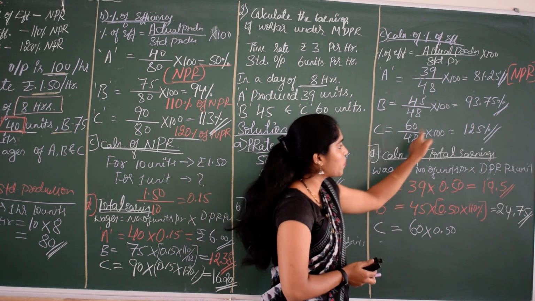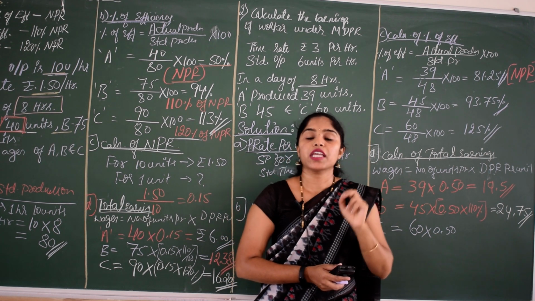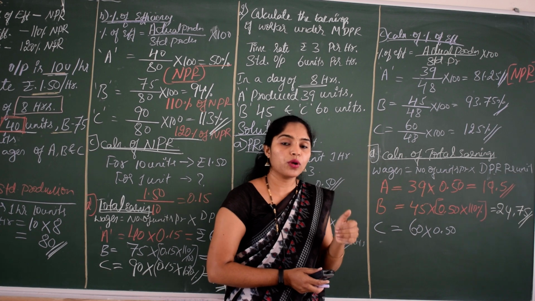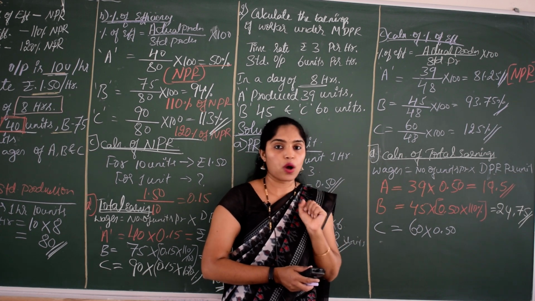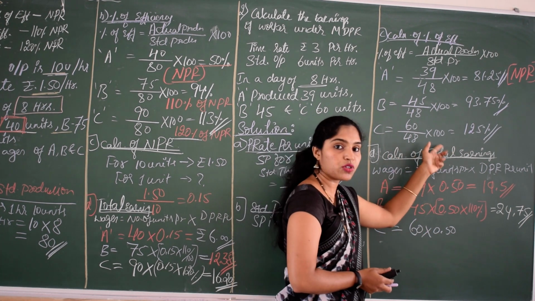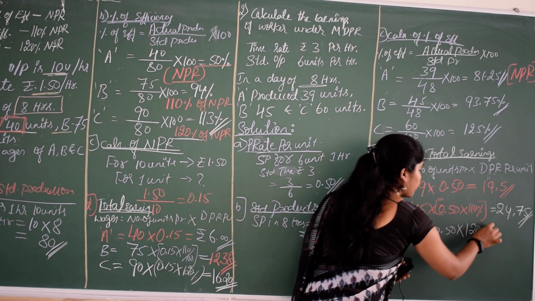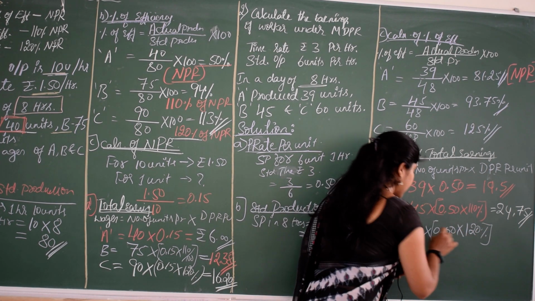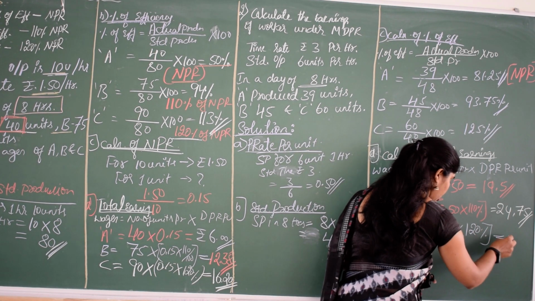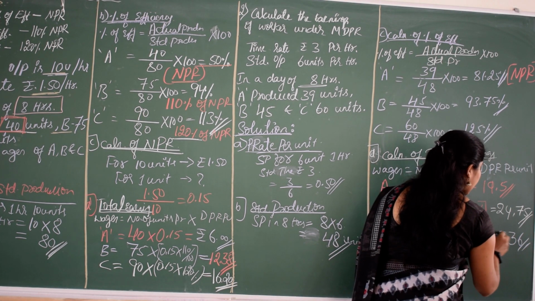C's percentage of efficiency is 125%, and according to the merit, if the percentage of efficiency is more than 100%, those employees are going to get 120% of normal piece rate. So 60 into 120% of 50 paise, he is going to get rupees 36.